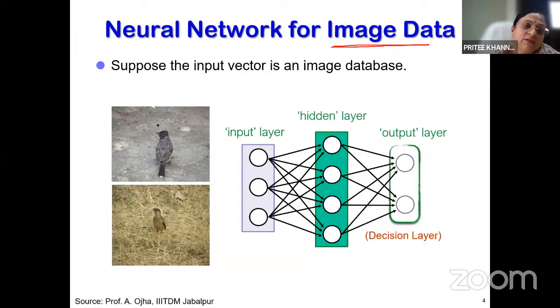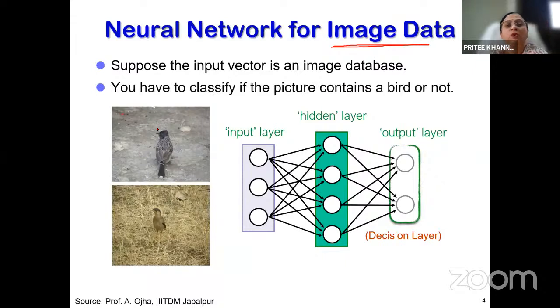Here you can see the pictures, like the birds. Let us say your target is that you want to classify if the picture contains a bird or not, or you want to see what the content of the picture is. Let us say your picture is of size 256 cross 256, so these many pixels.